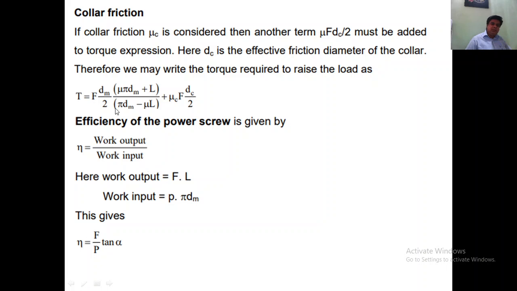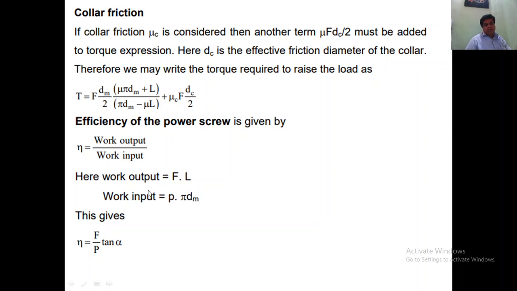So I told you about efficiency. Efficiency of any system is nothing but output by the input. In case of a power screw, the output is nothing but the load lifted by some distance L, so it is F into L. And the input is the external force we are applying, over this length of that triangle, pi dm.